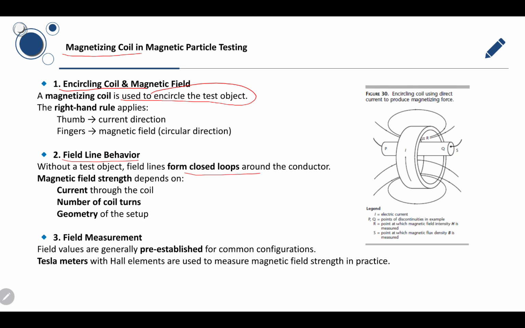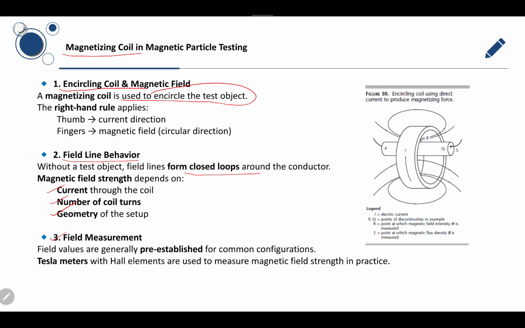The magnetic field strength generated by a coil is influenced by several factors. First one is current through the coil, second one is number of coil turns, and third one is the geometry of the setup. Next topic is field measurement.